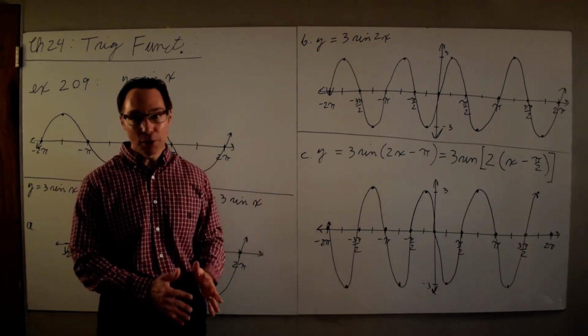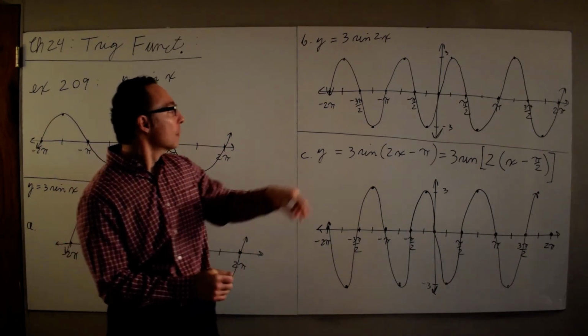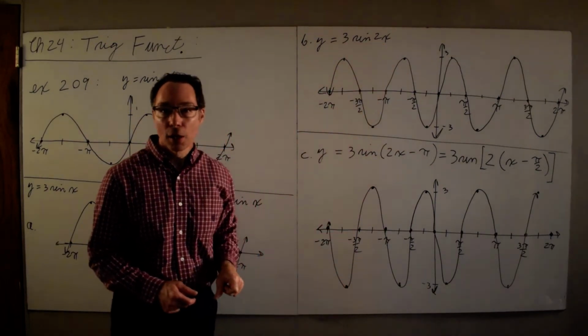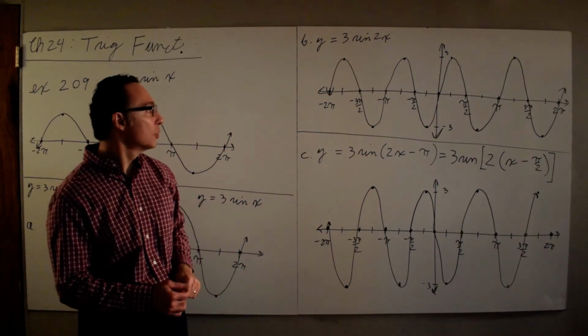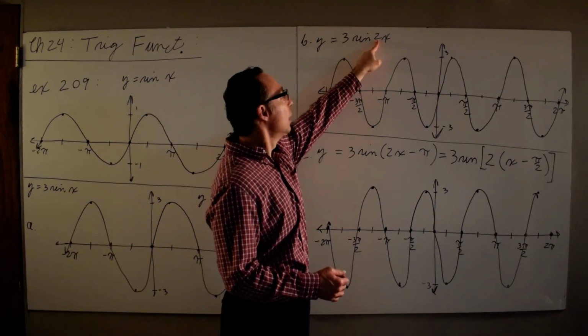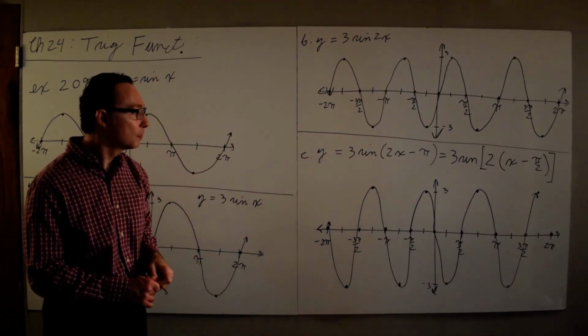What you do inside the function affects it horizontally and somewhat counterintuitively. So you multiply by 2 inside the function, that is a horizontal stretch or compression. If your number is larger than 1, it's a compression. If your number is between 0 and 1, then it's a stretch.